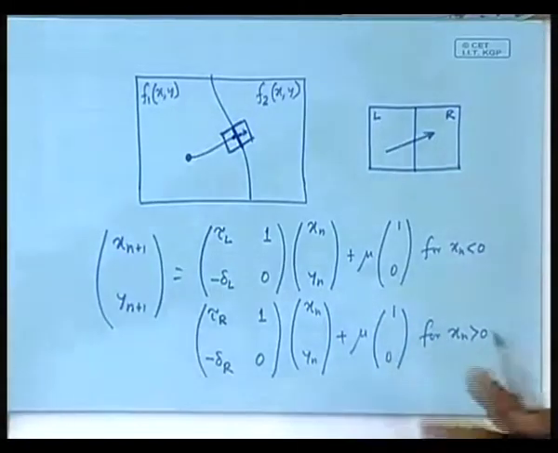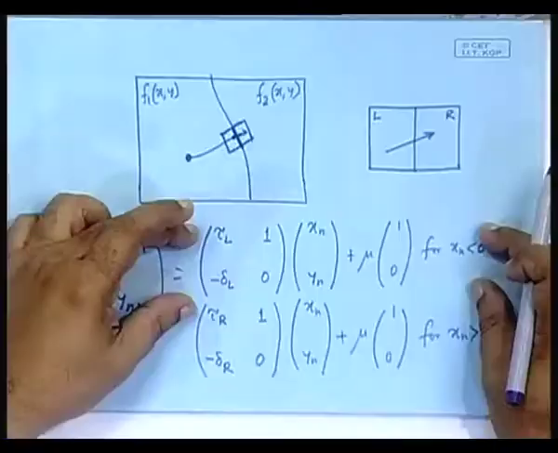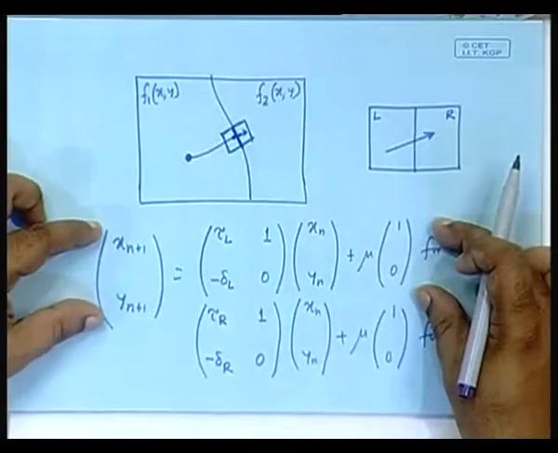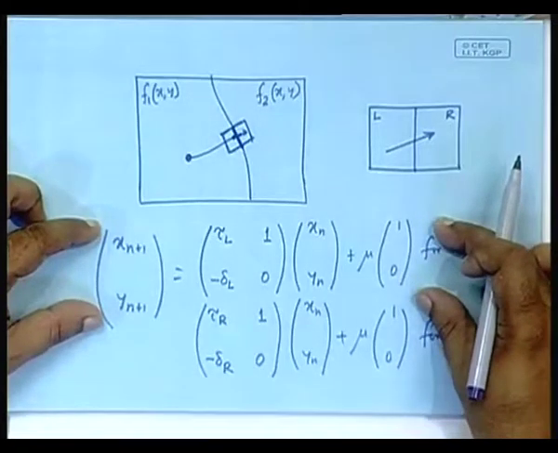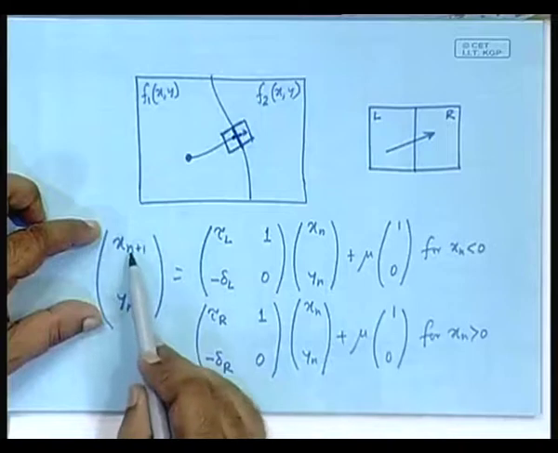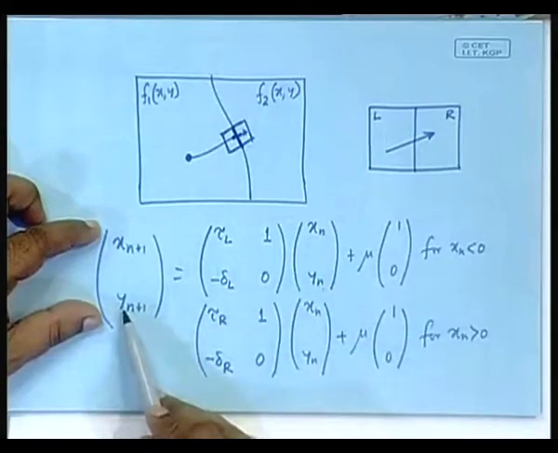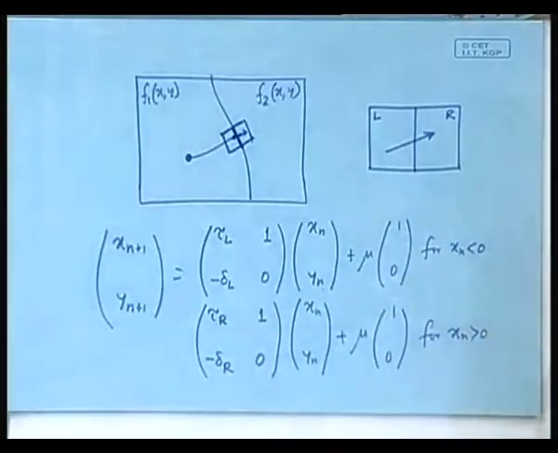For example, how will you calculate the fixed point? Simple. If you have the fixed point in the left hand side, then you would have to calculate from this equation x n plus 1, y n plus 1 is equal to this. How will you calculate? Simply by making x n here and y n here, you can solve it and you can obtain it.